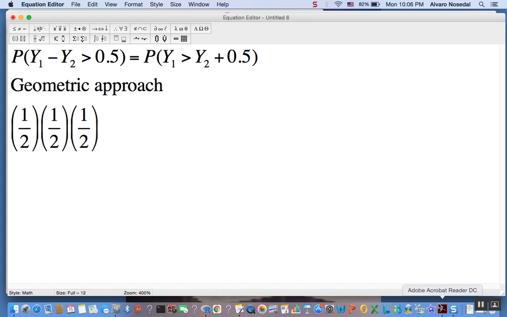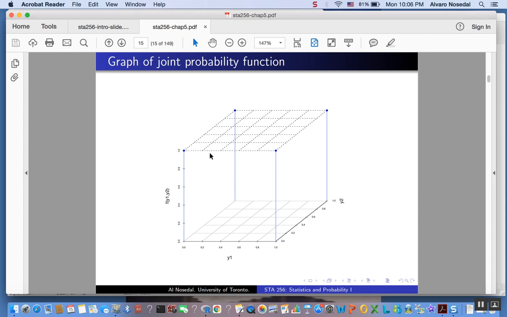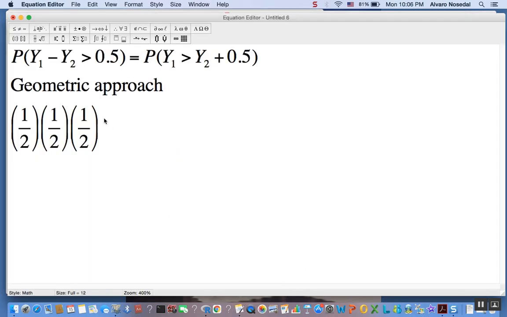That gives you the area of the region of interest, but then we multiply by the height from the joint probability density function, which is just a constant. It's a beautiful 1. So that's just 1/8. We already have the answer without using calculus.